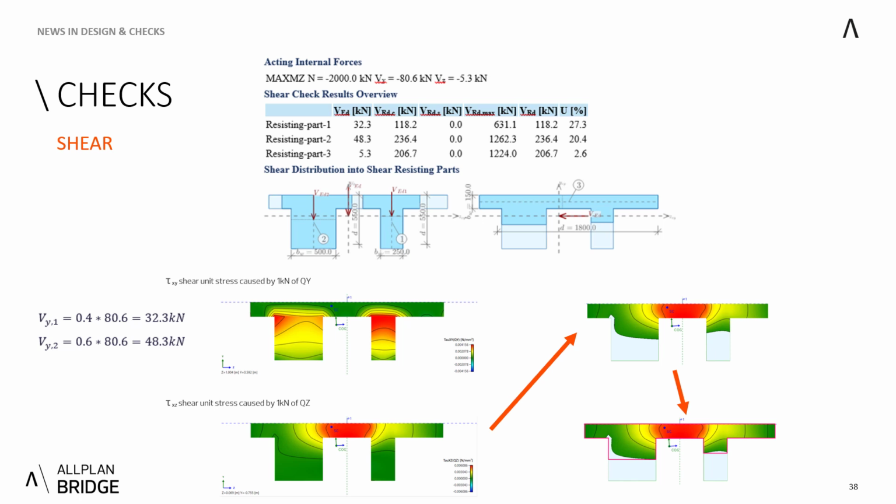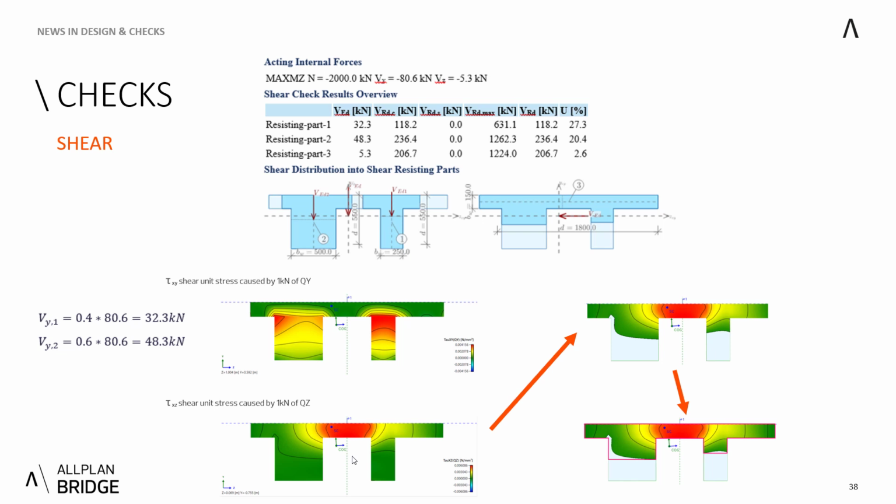We have applied, as you can see at the top, a shear force of Vy 80.6 kilonewtons and Vz of minus 5.3 kilonewtons. The calculation starts with the calculation of shear unit stresses caused by 1 kilonewton in Qy and Qz. You can see those distributions here and here.